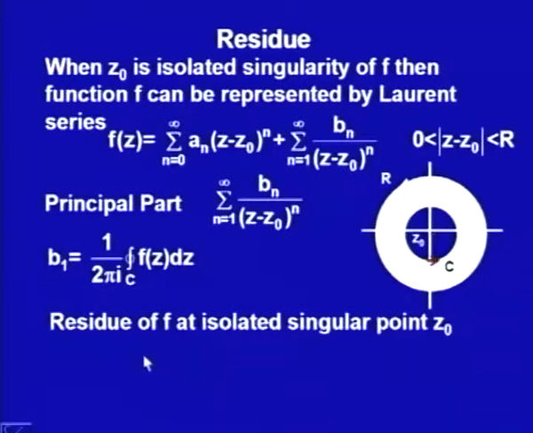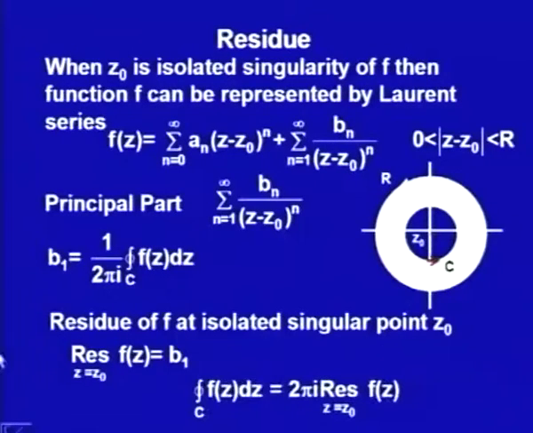Now, rewrite this, because in the right hand side we are involving an integral. What we could say is that integral of f z dz on this closed contour C is 2 pi i times b 1. What is b 1? b 1 we called the residue of f at this point.